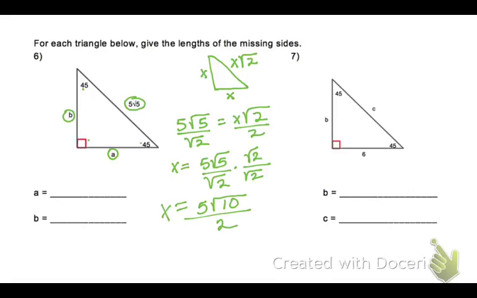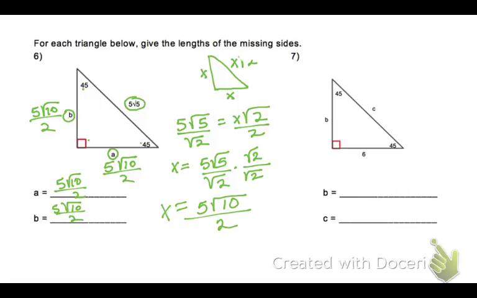So we now know that a, this side, is equal to 5 times the square root of 10 over 2, and so is this one. And you can write it down here, and that way Ms. Coe will know for sure what you think your answer is. And everybody will live happily ever after.